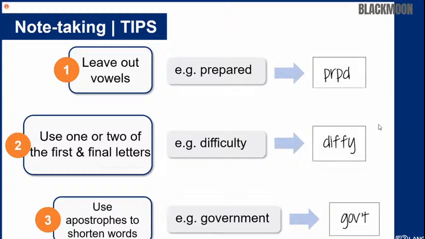So for example, if it's ment, I'll do apostrophe T. If the word ends in ION, then I do apostrophe N. If it ends in ING, I do apostrophe G. So this really saves me time, and I can still understand the meaning of it, but I don't have to write those extra letters. Okay, so these are a few things that you can do to save time when you're taking notes.